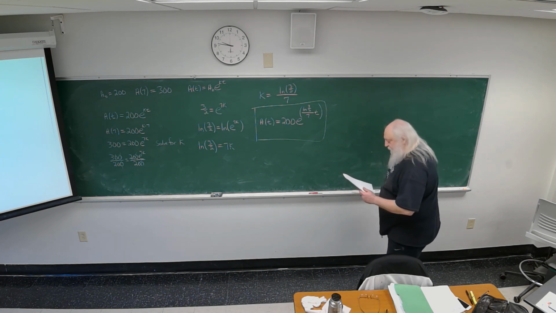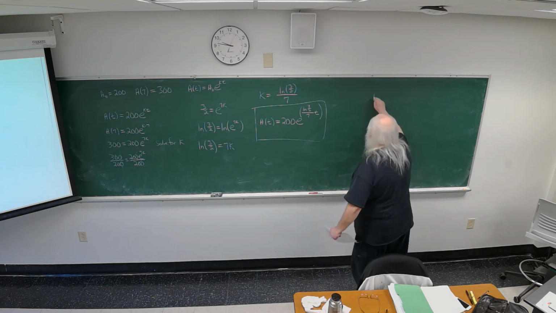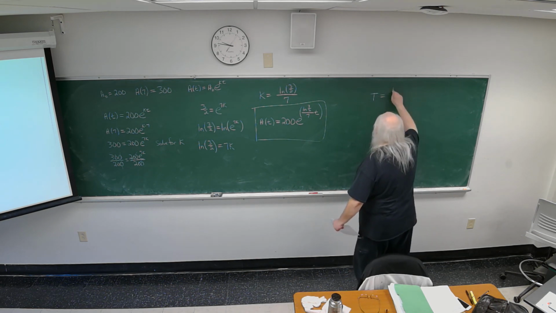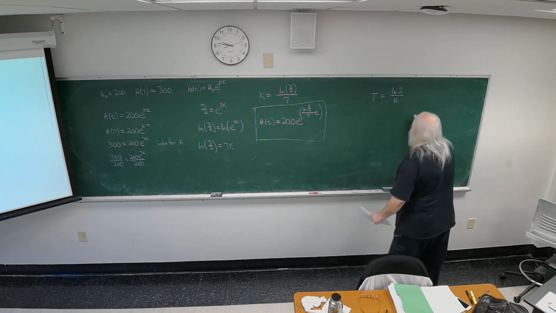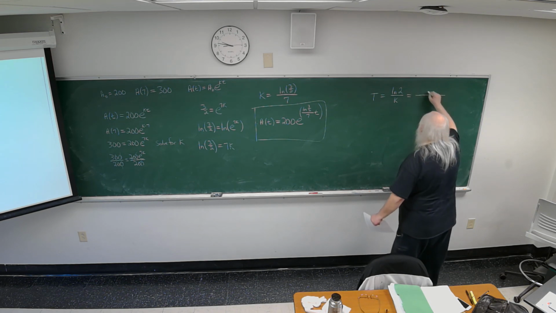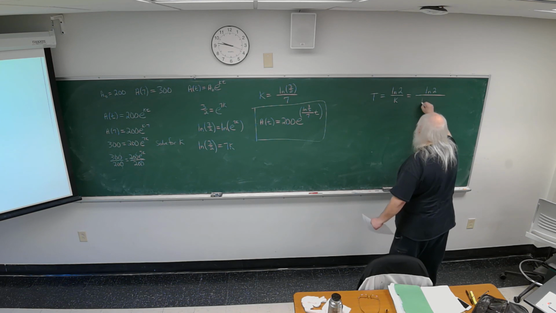So in B it says how many hours will it take for the population to double? Well, the time for it to double is equal to the natural log of 2 divided by k. And k is the natural log of 3/2 divided by 7.